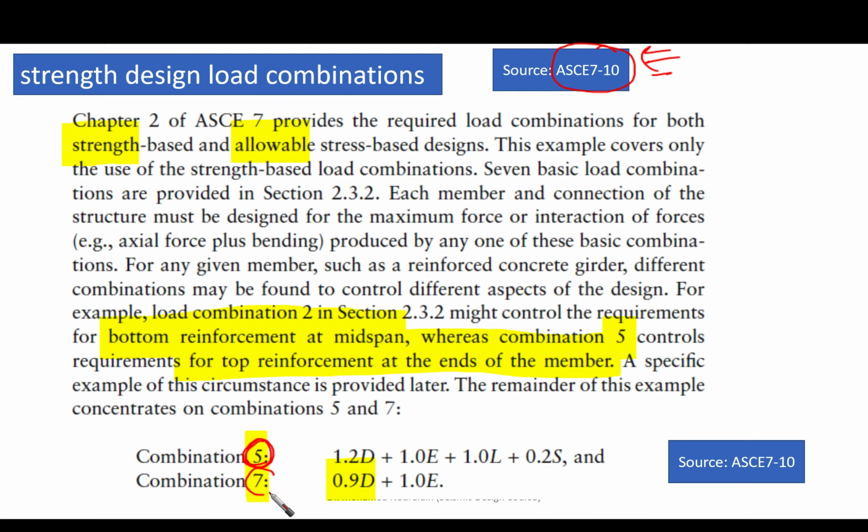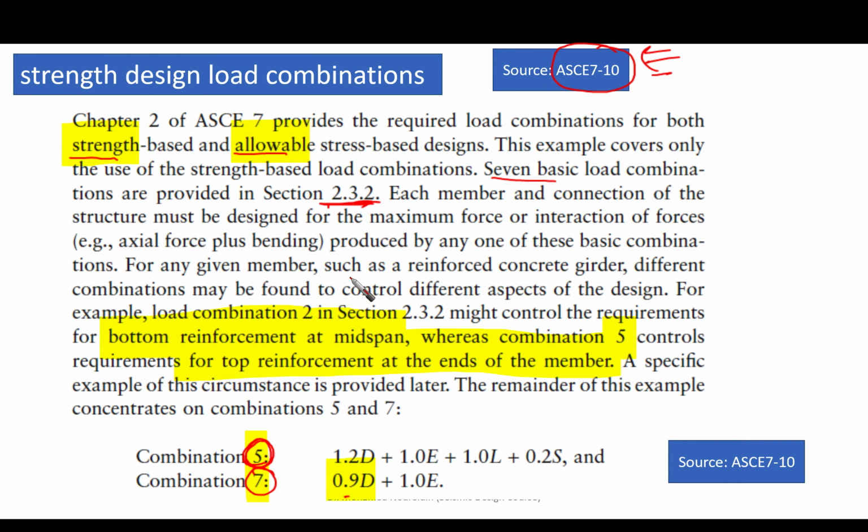And 7 is the same as before. You can find this combination in chapter 2 of ASCE 7, on strength and allowable stress-based design. You are going to see it in 2.3.2. You are going to find 7 basic load combinations under this section.